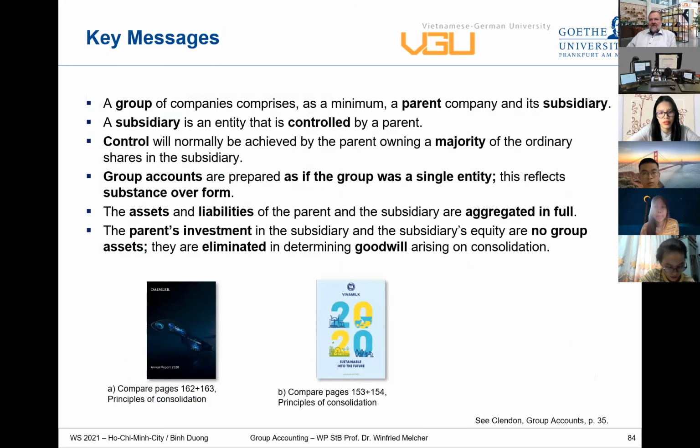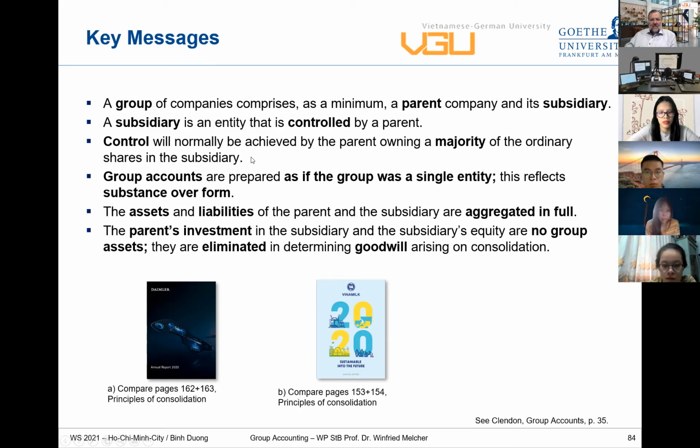So let's have a look at the key messages. What did we want to see in this chapter was that we would understand that a group of companies comprises as a minimum a parent and one subsidiary. Subsidiary is the entity that is controlled by the parent. Control will normally be achieved by the parent owning a majority of the ordinary shares in the subsidiary.